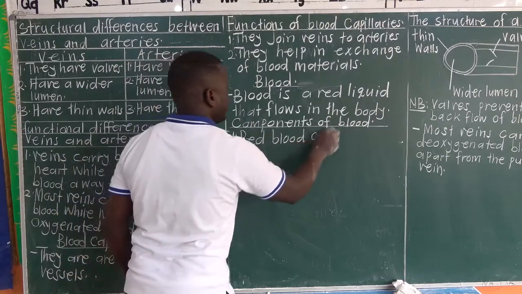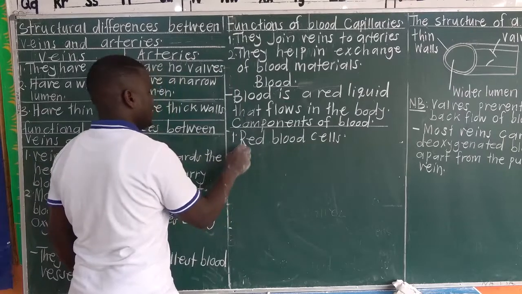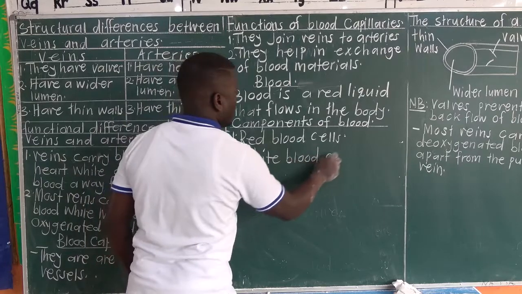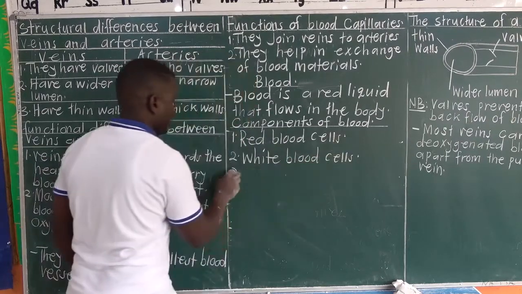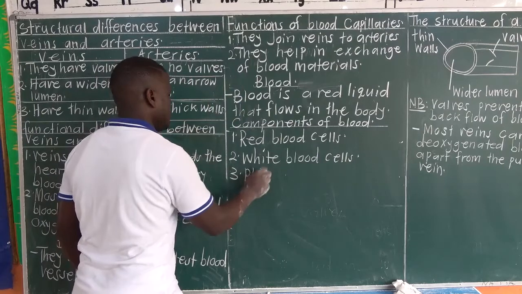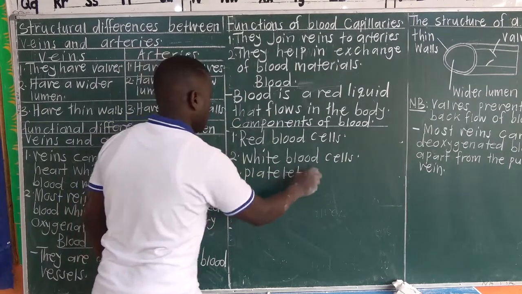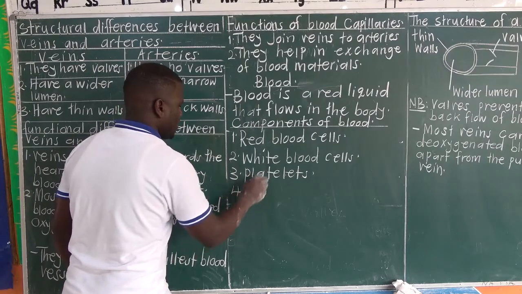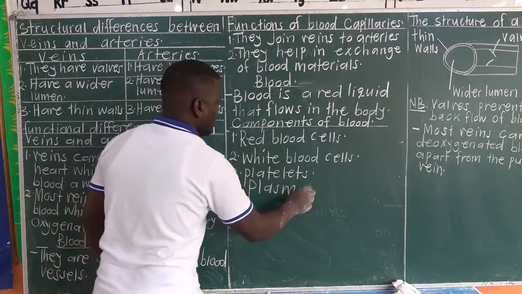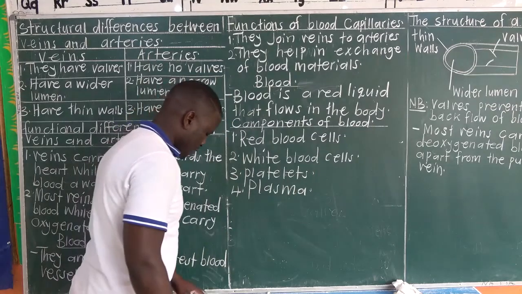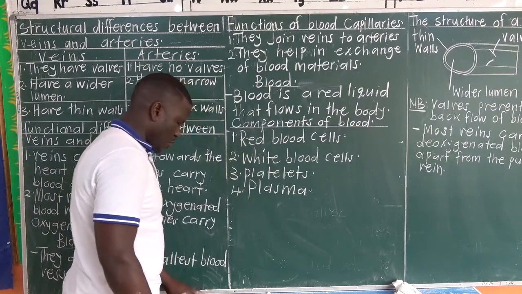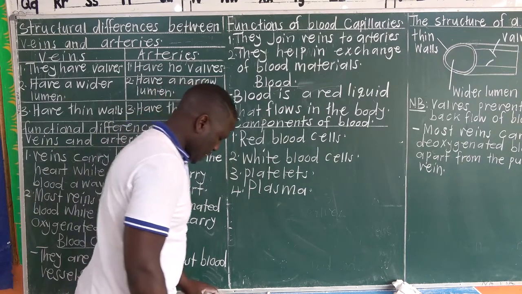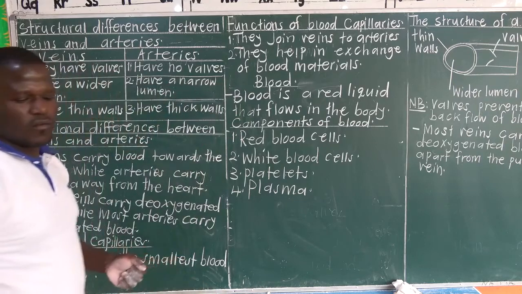Number 2, we have white blood cells. Number 3, we have platelets. Number 4, we have blood plasma. So these are the components of blood.